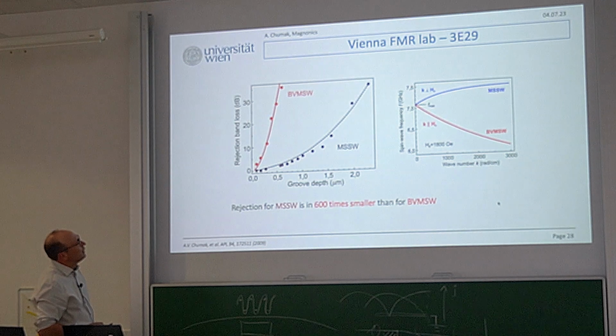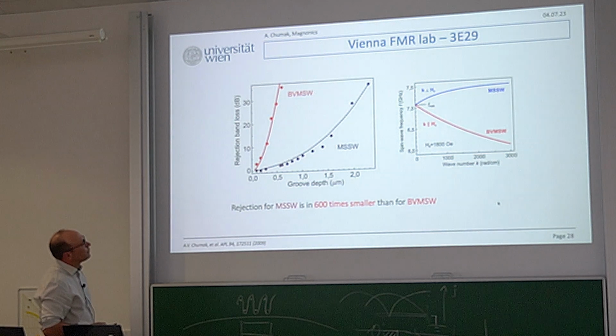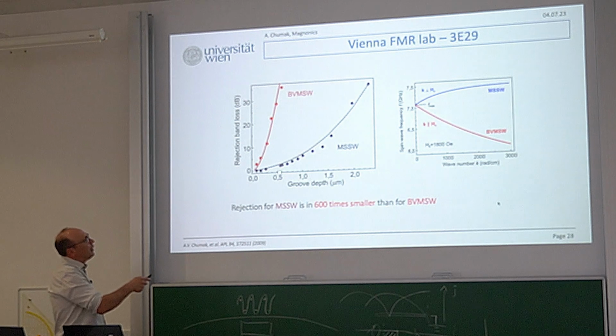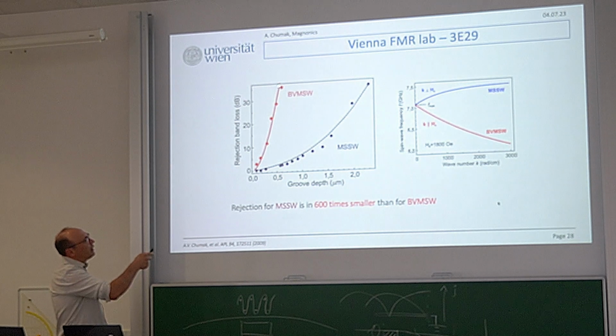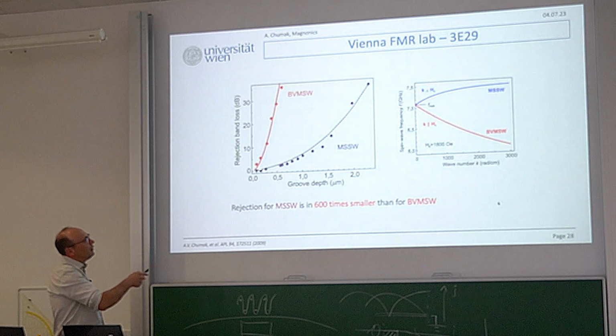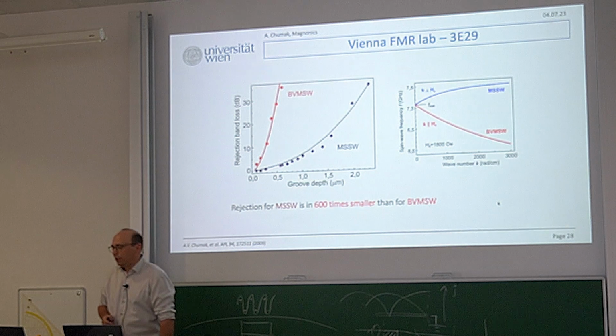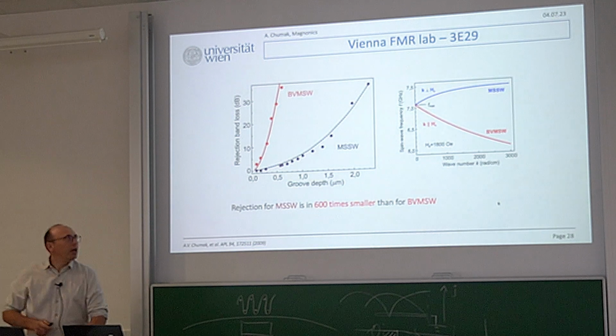And you see that it's very different, yeah? For example, for half micron groove depth, backward volume already practically doesn't propagate, and magnetostatic surface waves will have only weak gaps. This was of course confusing and interesting.